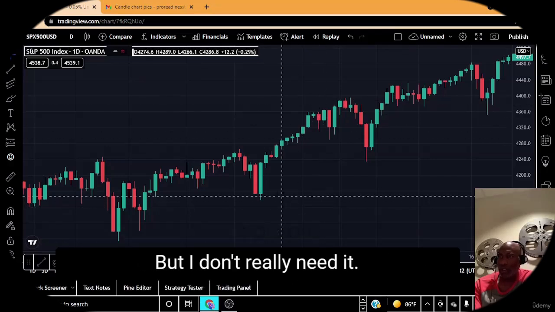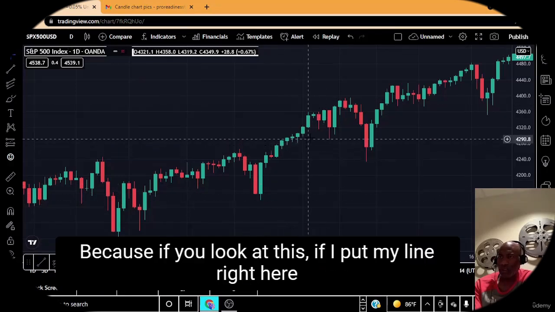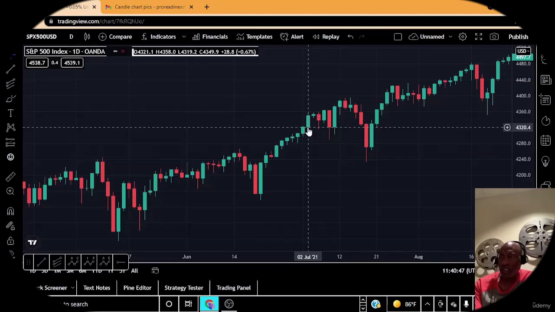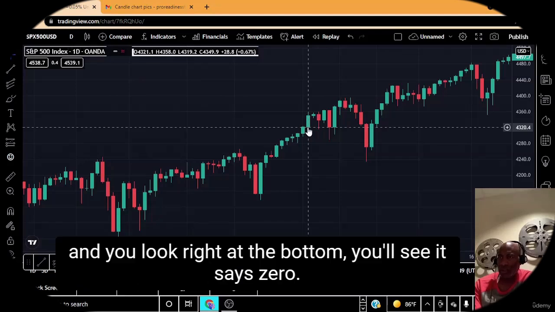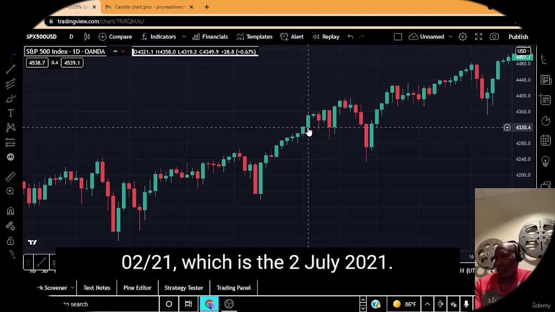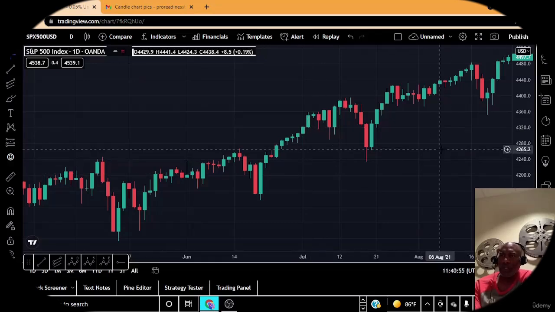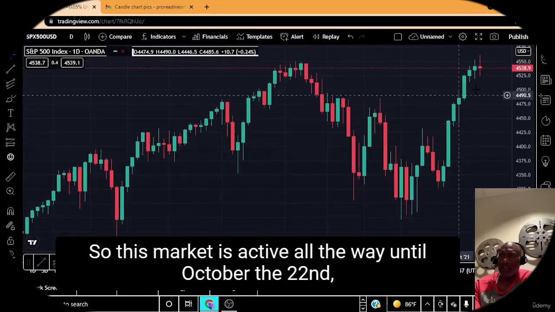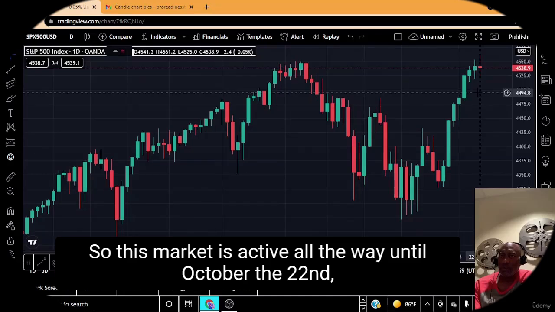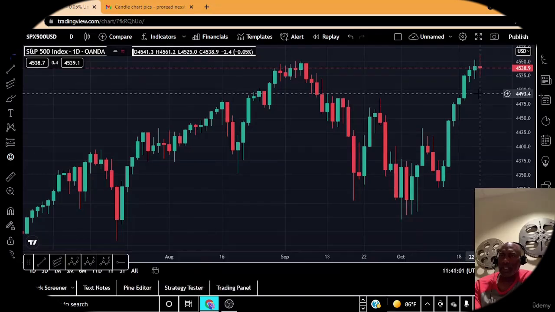You can do that, but I don't really need it, because if I put my line right here and you look at the bottom, it says 0221, which is the 2nd of July 2021. This market is active all the way until October the 22nd, which is the date that we're on now.